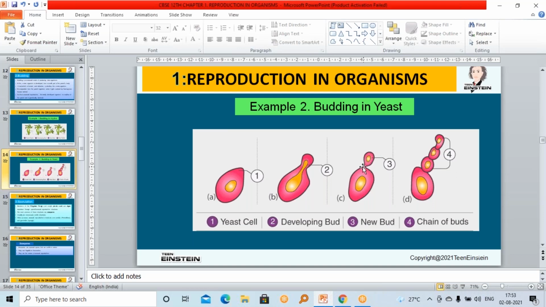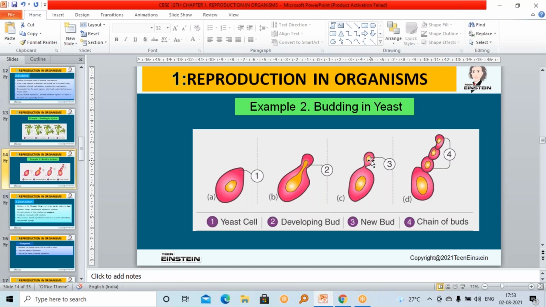Here nuclear division you can see. Here a new bud is formed. The daughter nuclei, the newly formed nuclei, will get shifted into the bud.